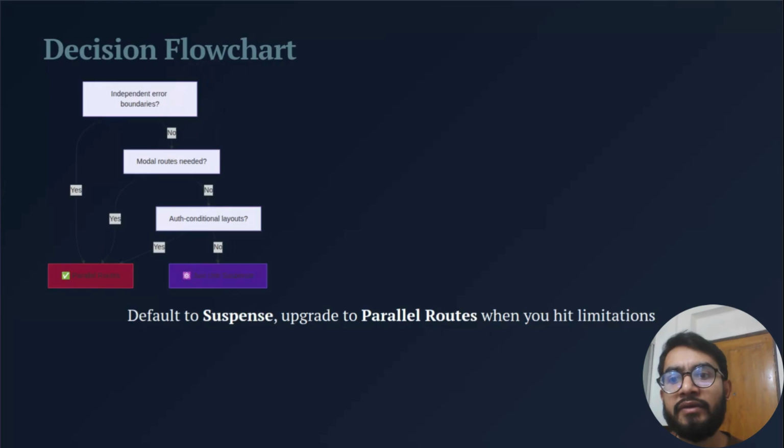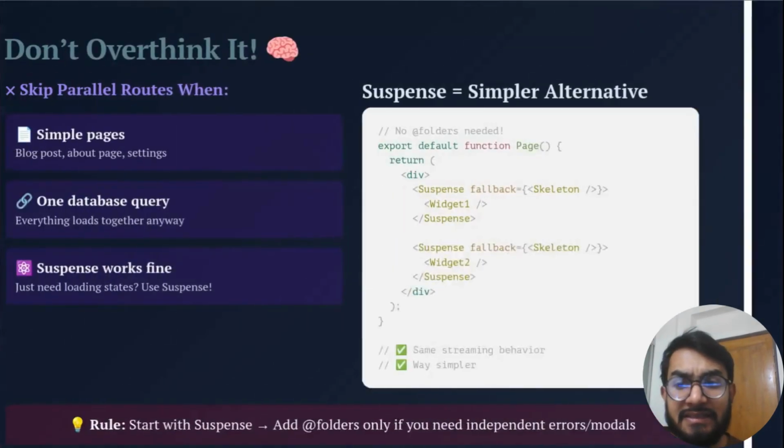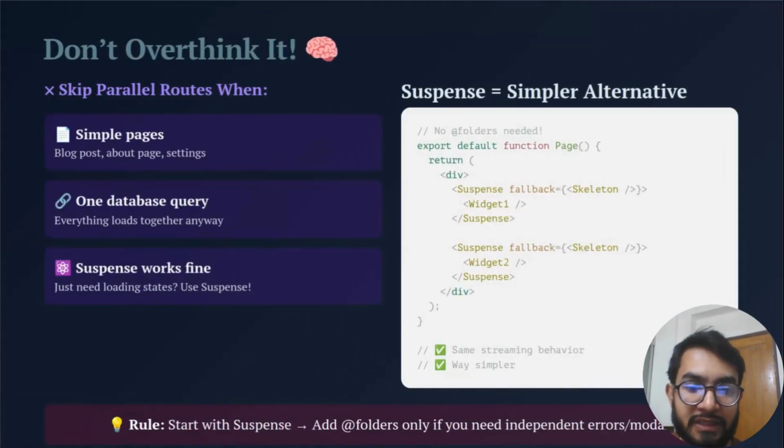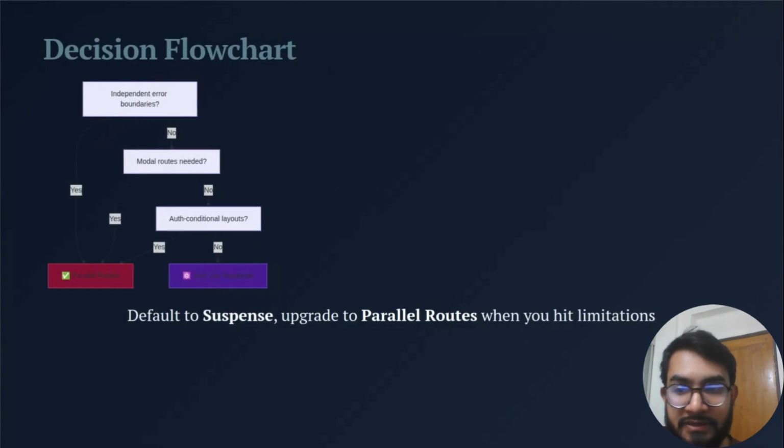Let's look at this decision flowchart, which will help you make the decision. If you would like to use independent error boundaries, which is not possible with Suspense, then you should go for parallel routes.